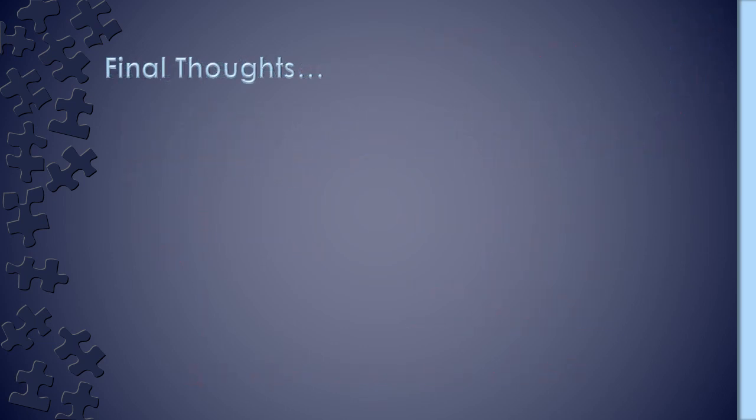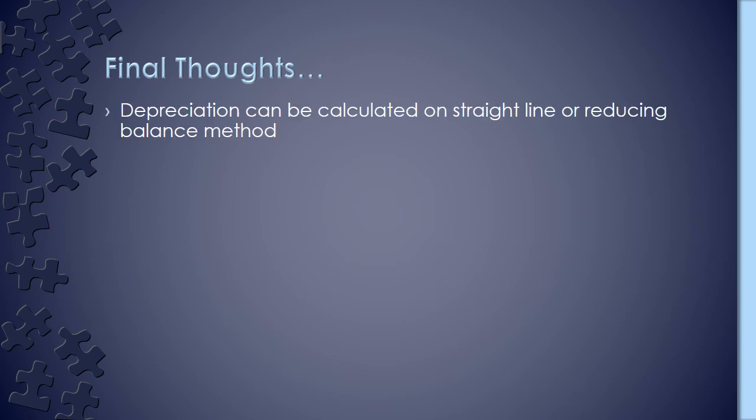Okay, so just some final thoughts for this video. We've got 2 different methods for depreciation: our straight line or our reducing balance method. And remember, that can also be called the diminishing balance method.